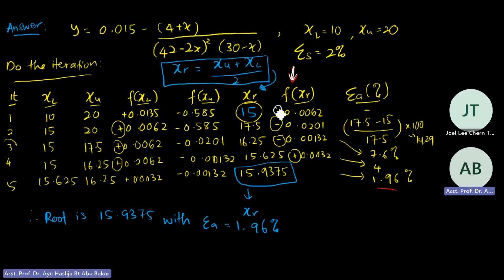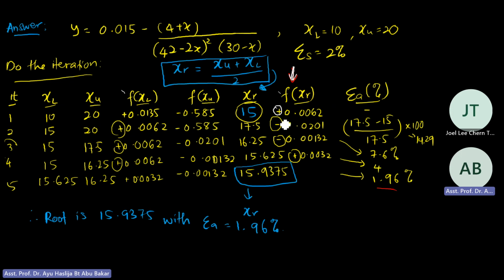Last time we checked FXR multiplied by FXL, which is negative, so the XR will be the next XU or XL. Negative will be XU, positive will be XL. That is the one from the slide.